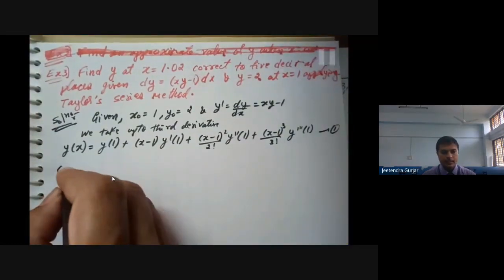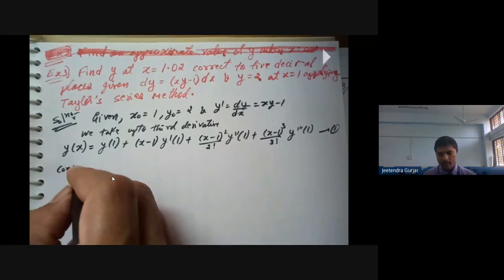So now I think this much everyone have understood. It is very clear, right? So like this, you have to, looking at the example, you should able to write this much given and the formula. Okay. Now what is the next step? Find y dash, y double dash, y triple dash. Okay, we'll start now.